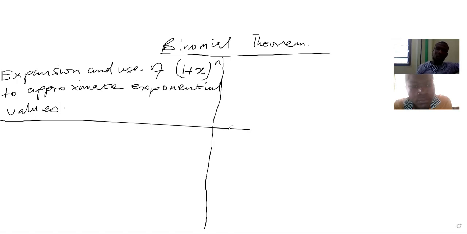So here we'll be given a binomial expression to expand. After which they will give us another one with something missing, or they will give us a real value which we have to express to look like the one we have expanded with x, so that we can fix in the value or values of x to find the actual value. Is that not what you are talking about? Yes, sir. Good.